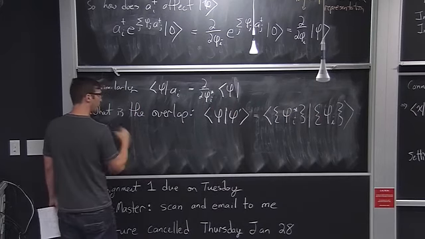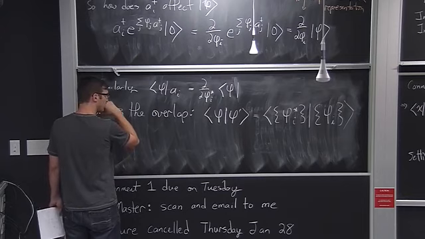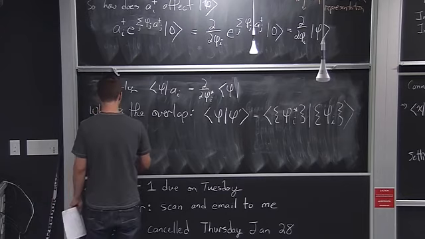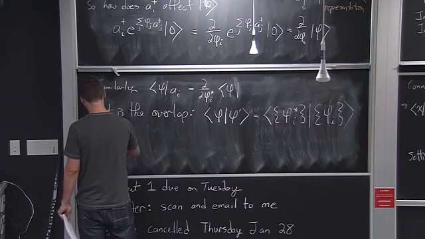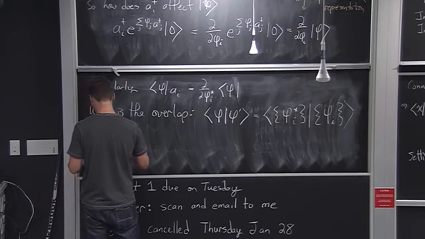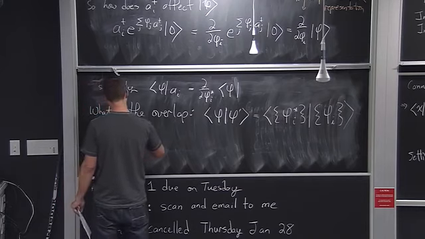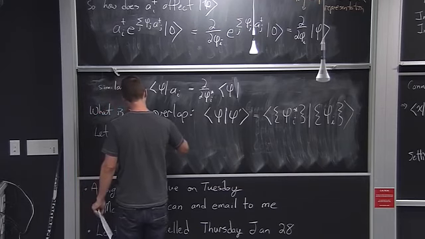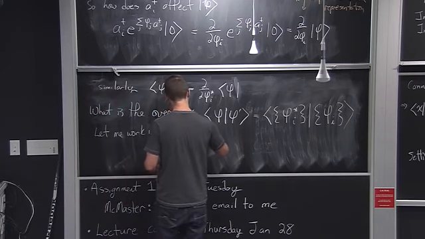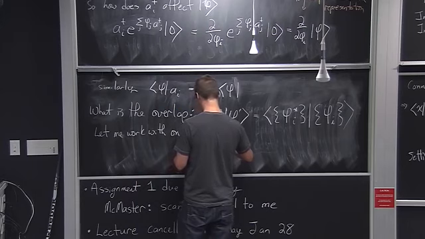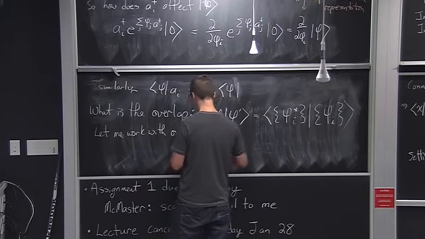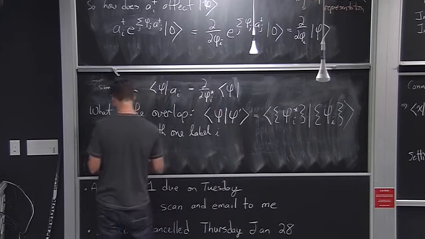Well, I can do that actually for the overlap too. So let me just work in a single particle label. Let's see if I can do this without screwing up. All right, so I'm going to work with just I.